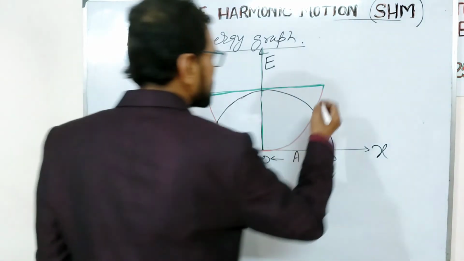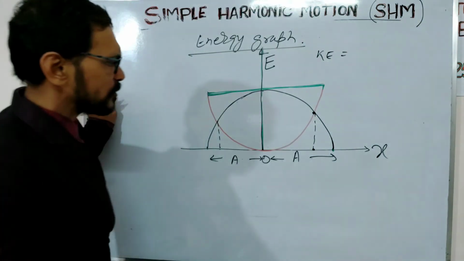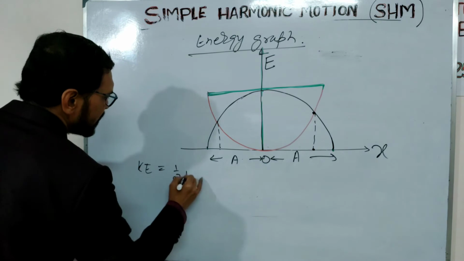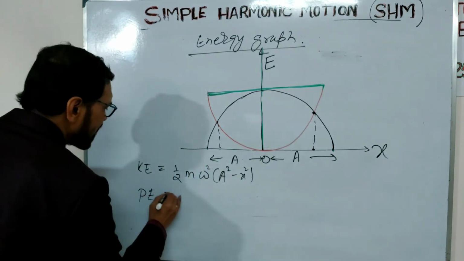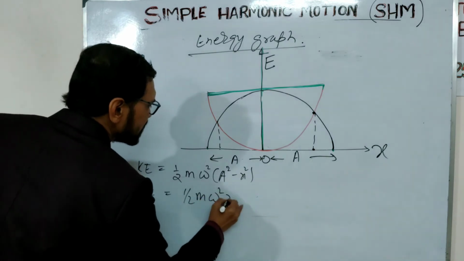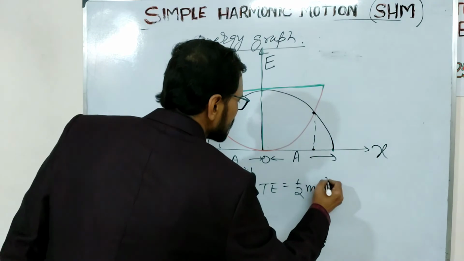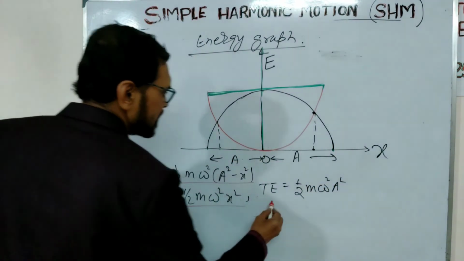We know the formulas: kinetic energy is half m omega square times a square minus x square. Potential energy is half m omega square x square, and total energy is equal to half m omega square a square. So we get three energies.